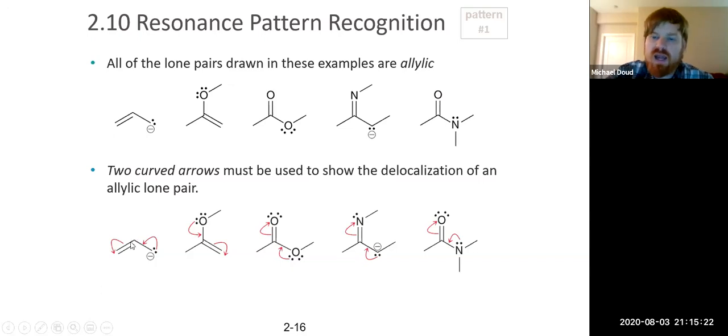If that was the only thing that happened, that would now violate the octet rule for this carbon, so that can't be the only thing that happens. At the same time, this pi bond has to break, and the two pi electrons end up being localized entirely on this atom here.